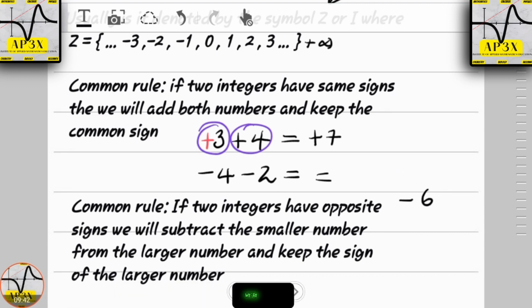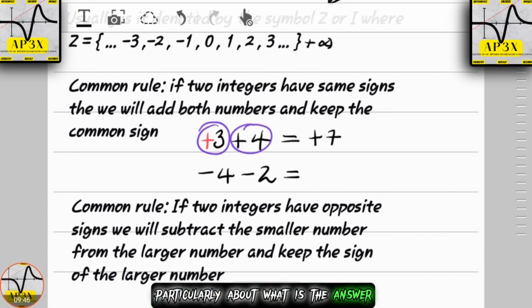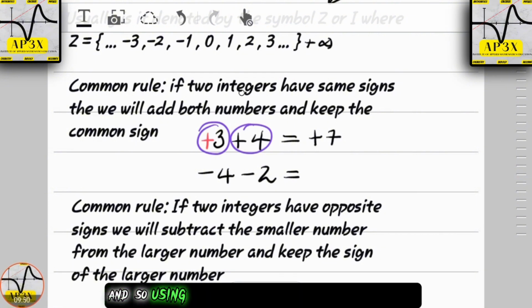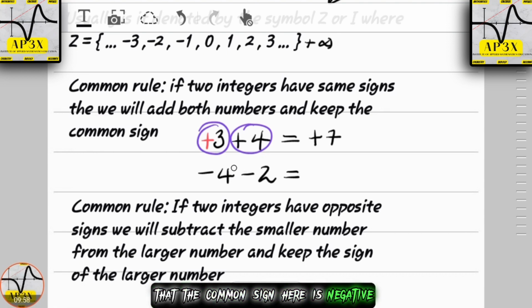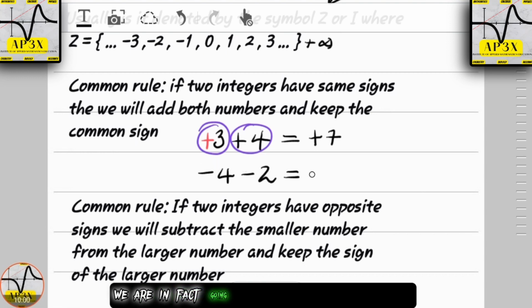The lesson here is not particularly about what the answer is, but the approach to getting the answer. Using the textbook method, you'll realize that the common sign here is negative, so we keep the negative sign and we add both numbers.